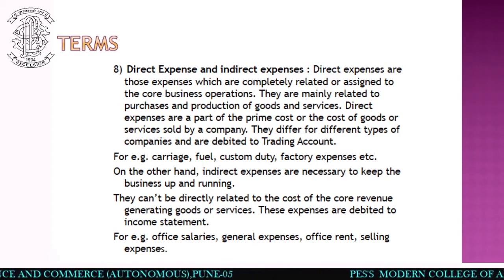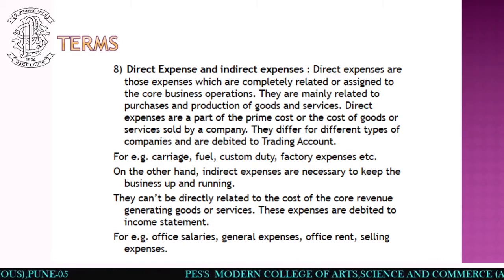So basically, they are related with the core production activities of the business. That we call direct expense. Direct expenses are a part of prime cost or the cost of goods or services sold by the company. Of course, these direct expenses will differ from company to company. These expenses are debited to trading account.